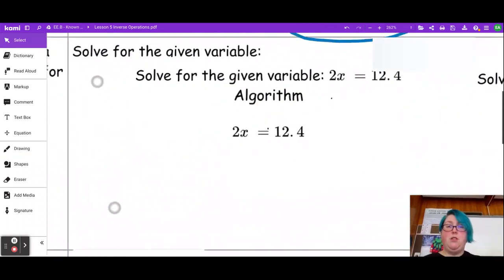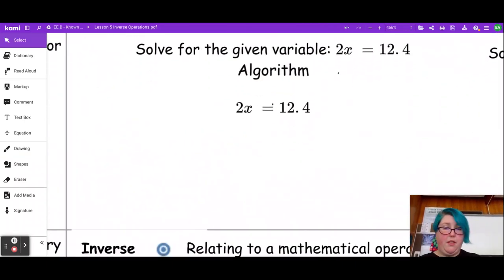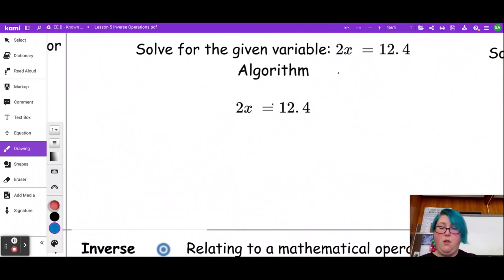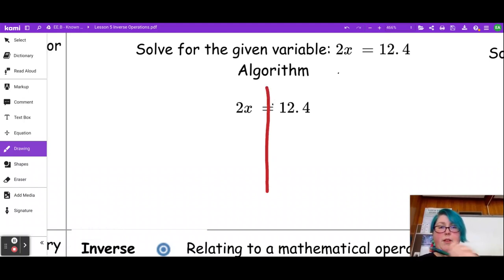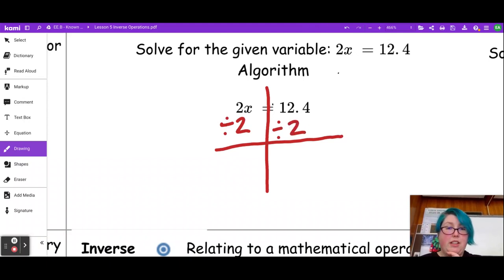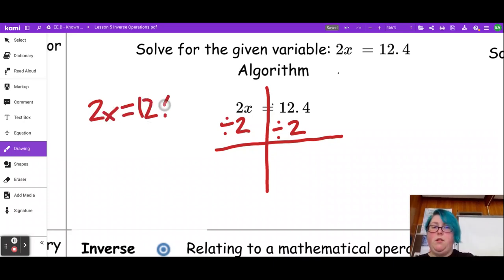We are now going to look at the algorithm, the algebra, for the same exact equations. So 2x equals 12.4. Draw the line down the middle. We are going to divide by 2 on each side. You can draw it like this, or I like to do 2x over 2 equals 12.4 over 2.